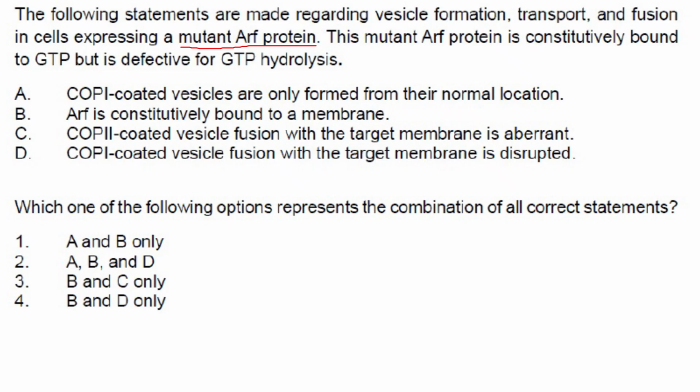This mutant ARF protein is constitutively bound to GTP. So the mutation is such that it will always be bound to GTP. It is defective for GTP hydrolysis; it doesn't hydrolyze its GTP back to GDP. They have asked which are the correct statements.